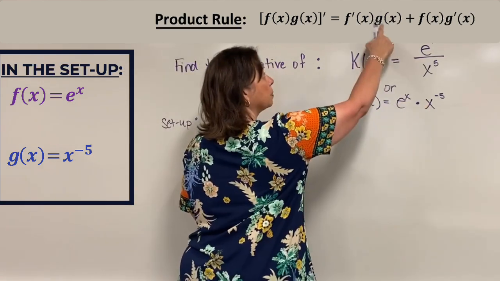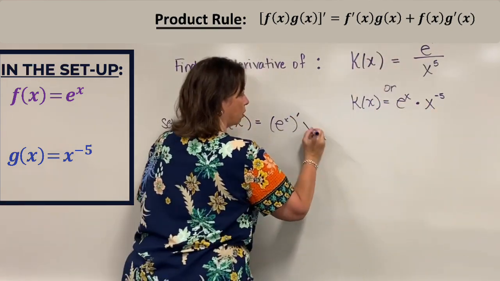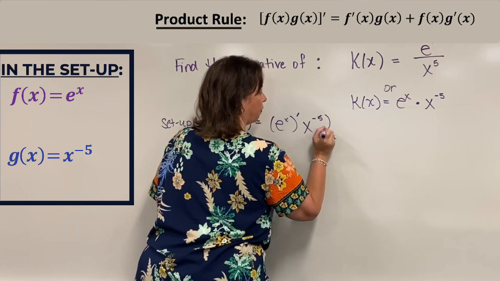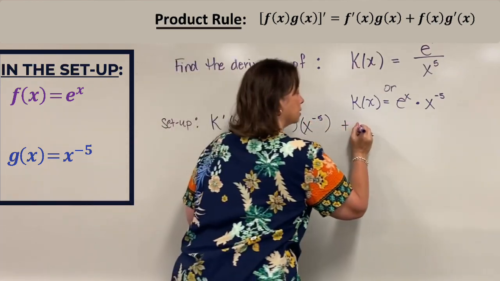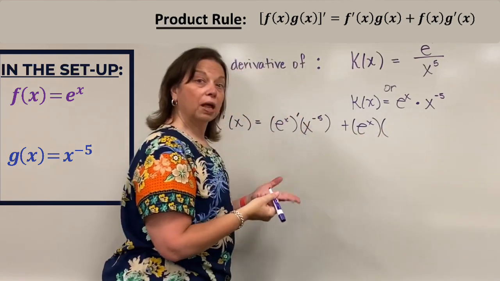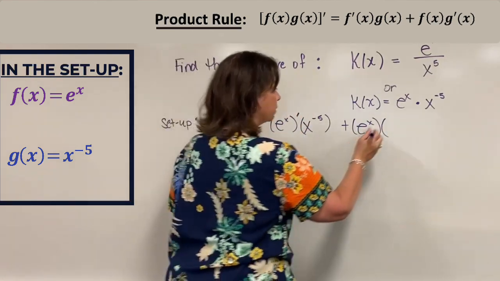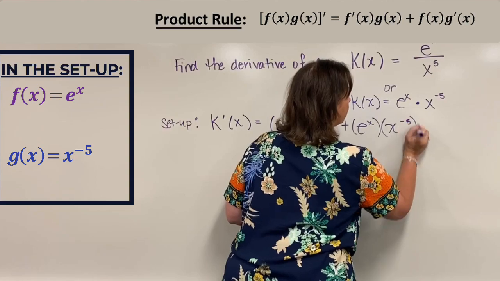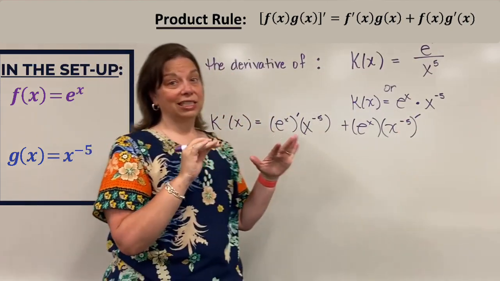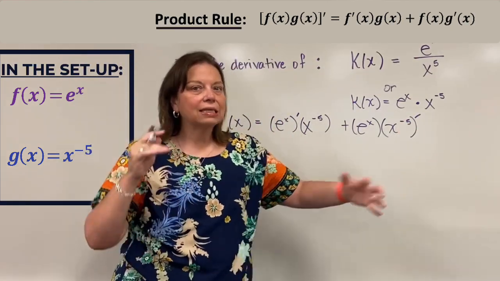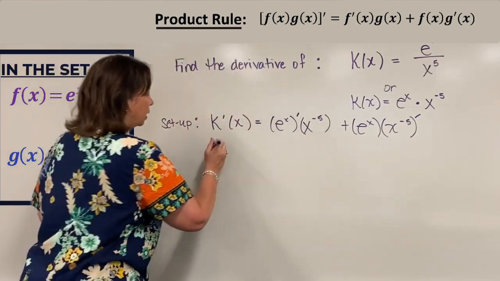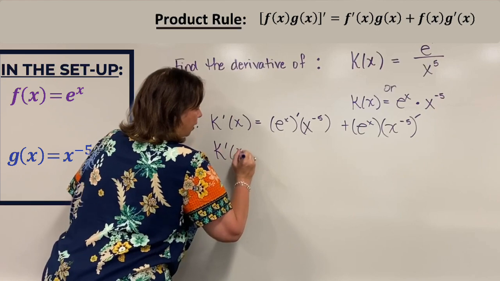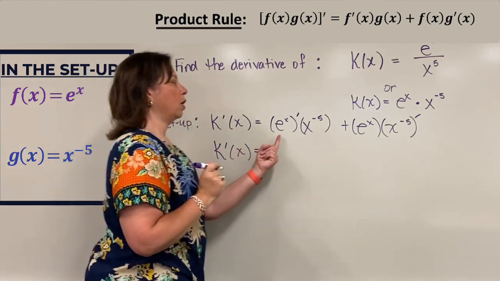We are going to now multiply by the second function, so times x to the -5 power. We will then add to that the first function as is, e to the x, and then we will multiply by the second function's derivative, so x to the -5 derivative. So you can see I haven't actually taken the derivative of all the pieces, I've just put it in the product rule form.